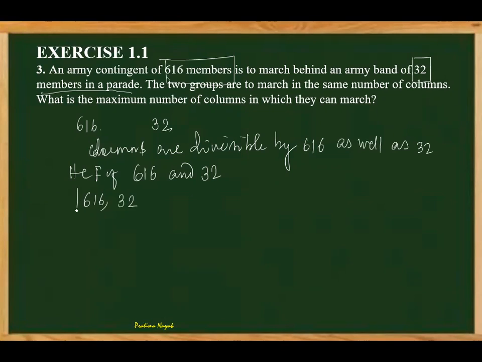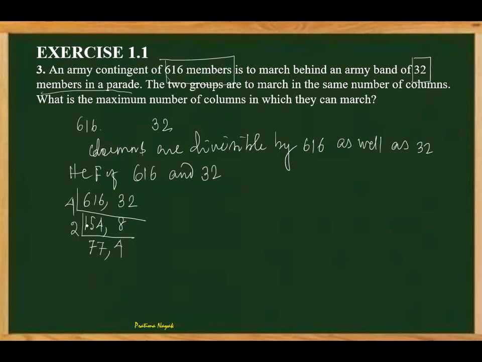So I'm going for 4 first. 4 1 is 4, 4 2 is 8, 4 4 is 16. Here 4 8. Next I'll go for 2. 2 sevens are 14, 2 4.